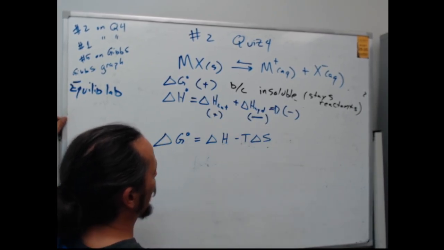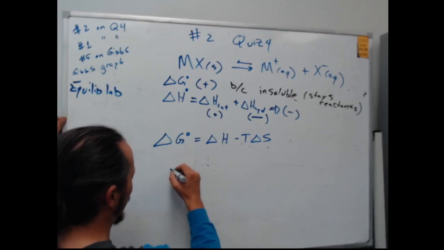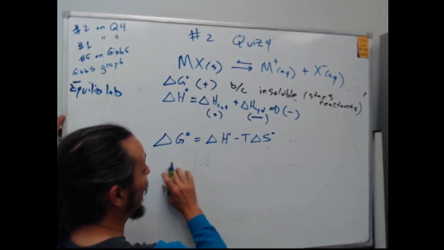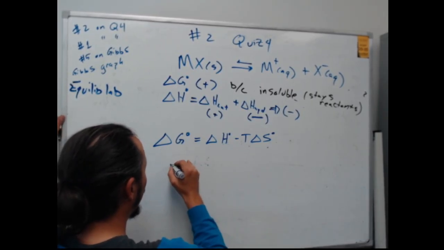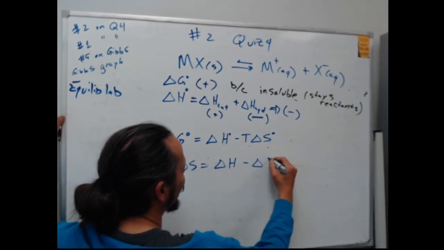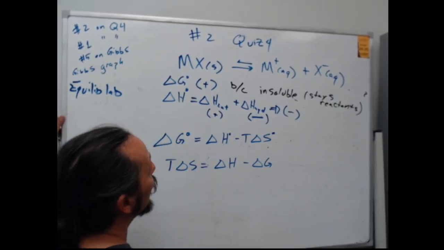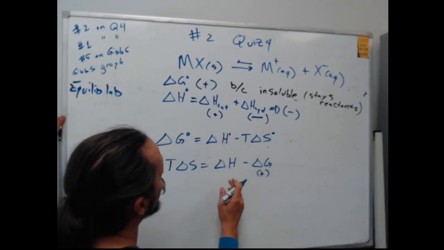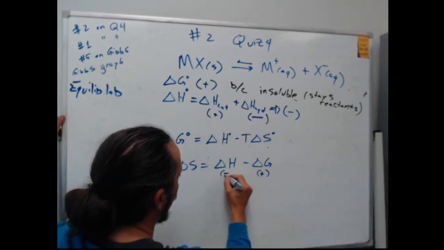And I thought about just rearranging it. Tell me if this is a bad idea. I've never done it like this before, and this is the first time I ever thought about it. If I just add this over and subtract this over, so I have T delta S equals delta H minus delta G. Right? Now, I know my delta G is positive. I know my delta H is negative.